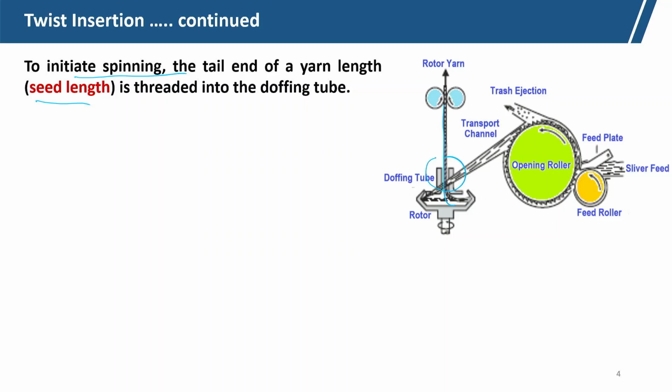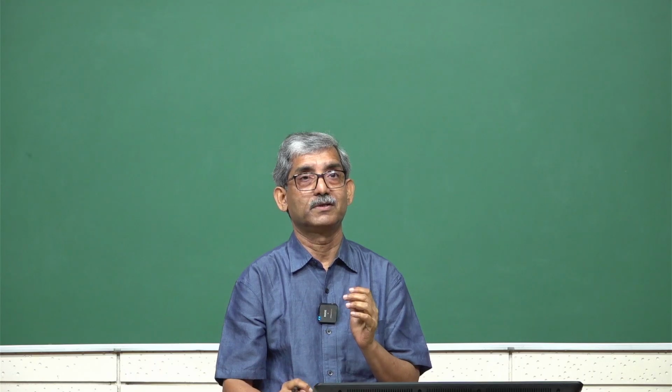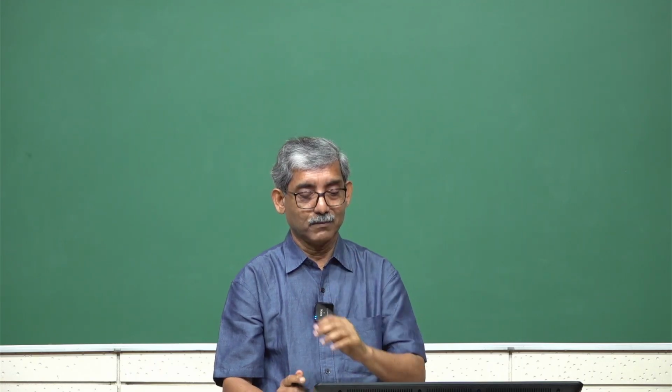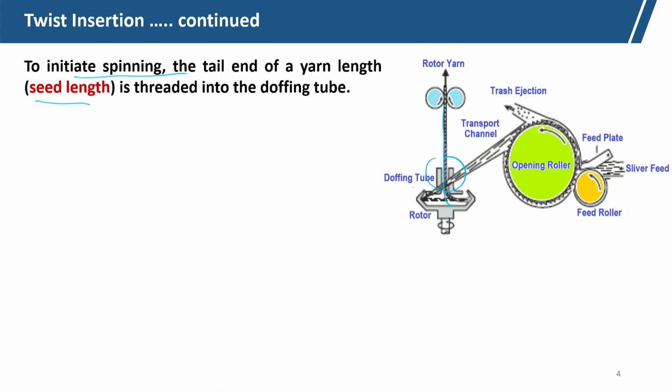That is the initial position. Otherwise we will not be able to initiate the yarn formation process. So, when the machine starts, we first feed the already formed yarn, and the tail end will enter inside the rotor groove.